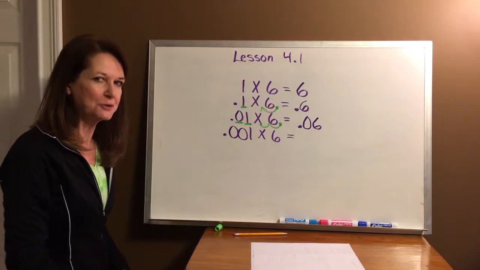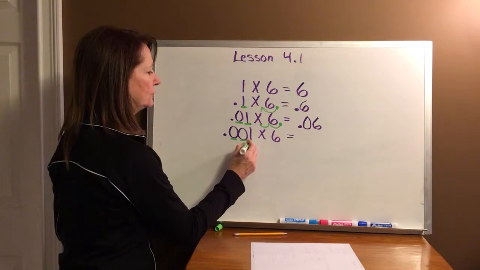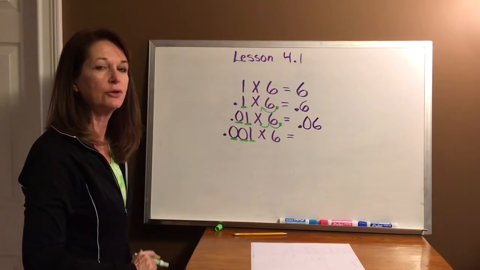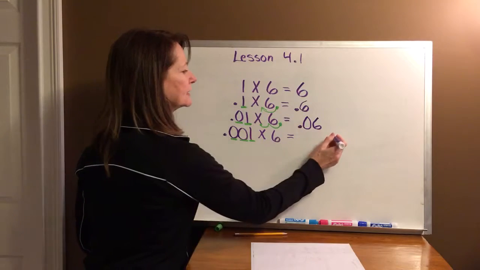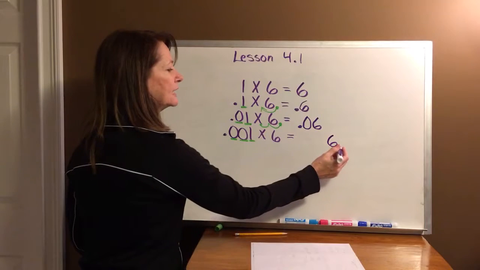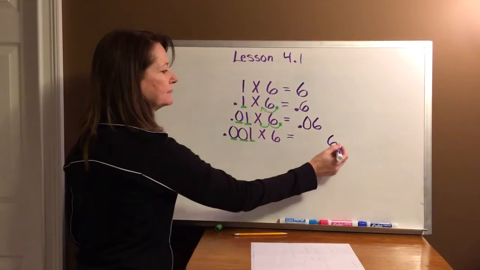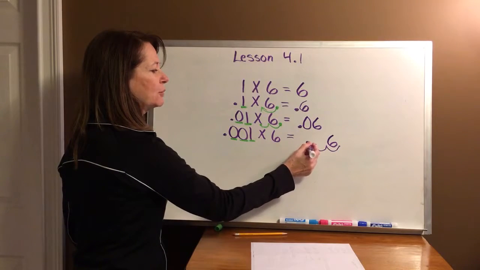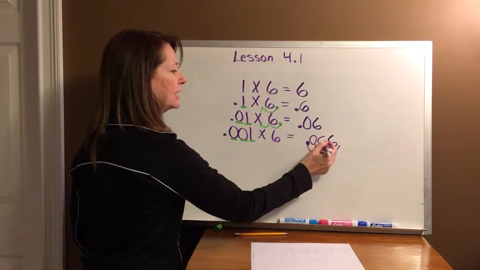So do it with me. The next one. 1, 2, 3 digits are to the right of the decimal point. 3 digits. So now we're going to go ahead and put our 6 over here. Here's our decimal point. We're going to move it 1, 2, 3 times. So my decimal point is really there, and I fill in my zeros as placeholders.